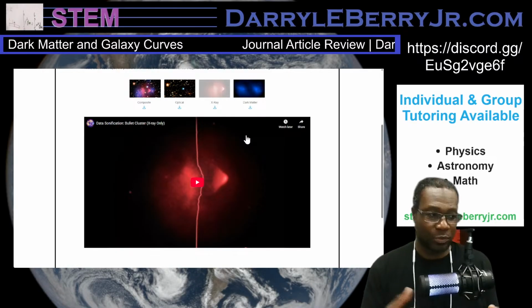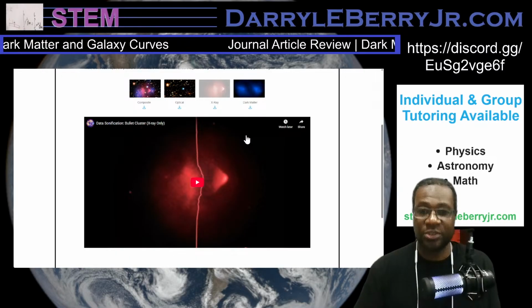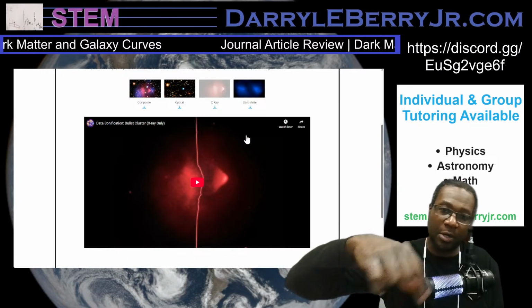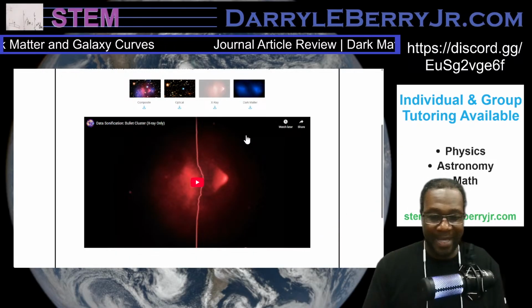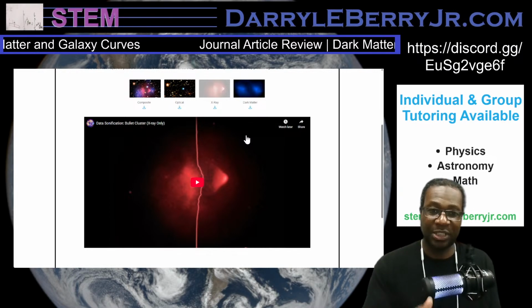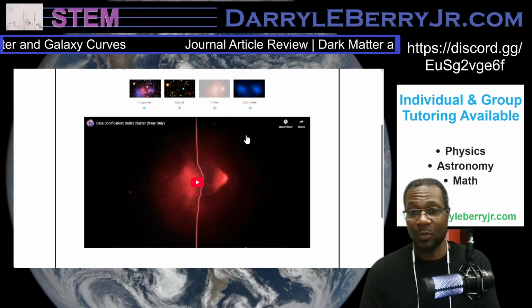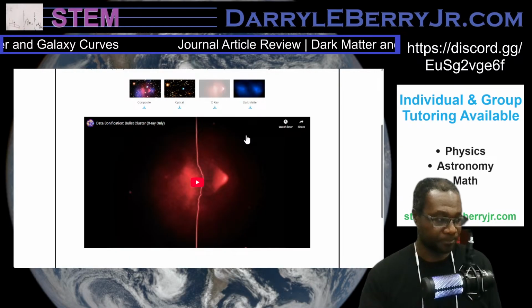This plasma is gravitationally stronger. There's more of it than the stars. If you were to take the stars and stir them up so that it's just a cloud of gas, there would be less of that gas than the plasma. So the plasma weighs a lot more than the stars.